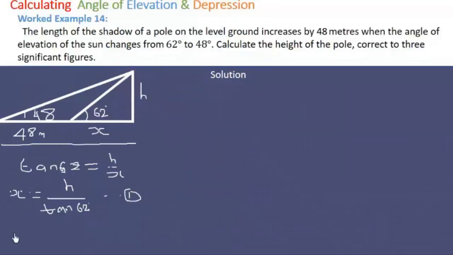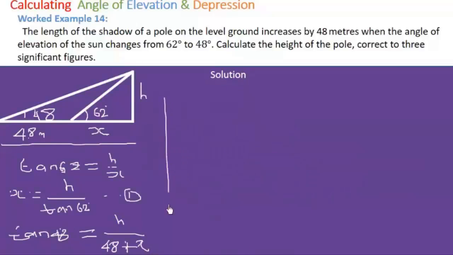Then also we have the tangent of the 48 degrees angle to be equal to h over the adjacent, which is from here to here, so it is 48 plus x meters.